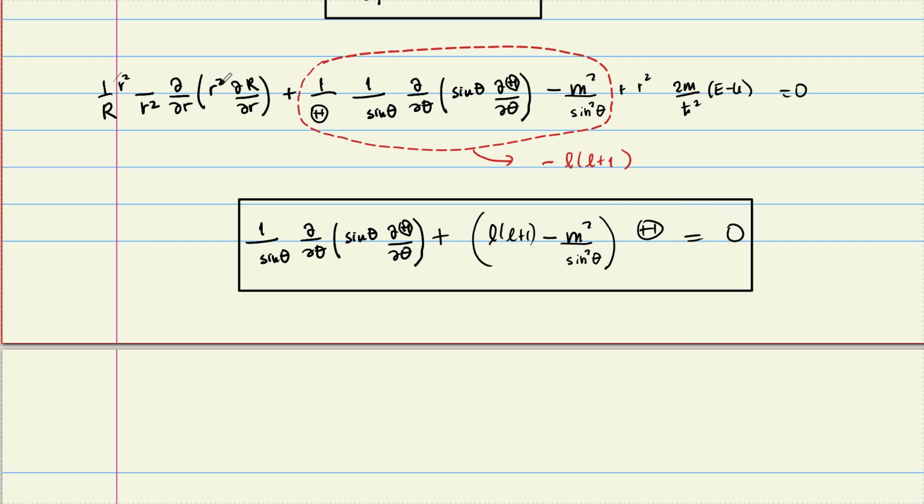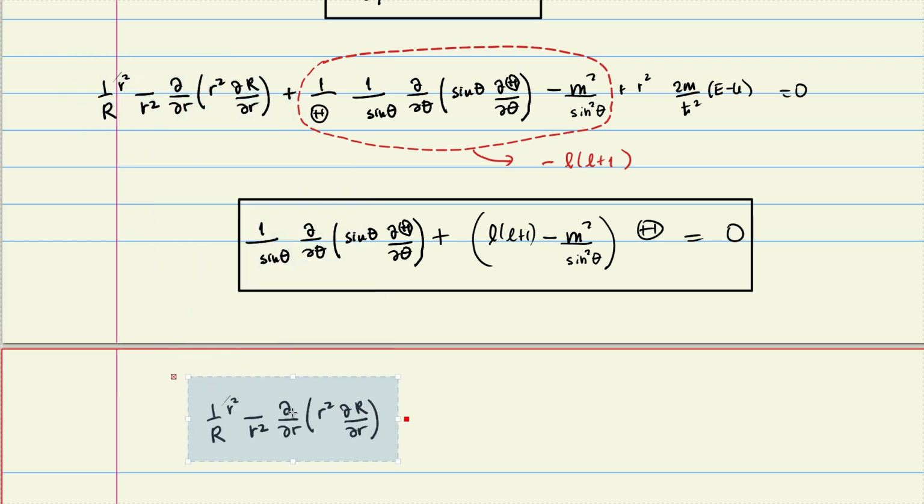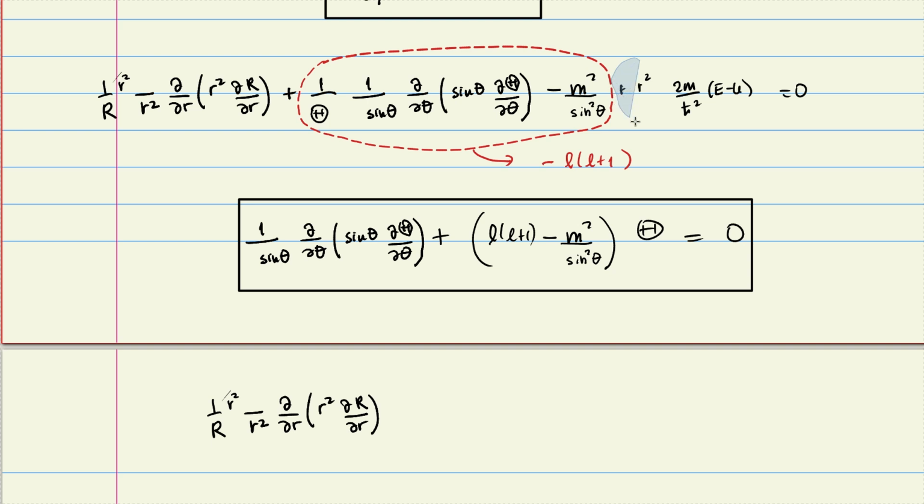And like you said, I will now put the r component, this plus this is equal to minus l(l+1). Again, I want to take it on this side. This is going to be plus l(l+1) is equal to 0.